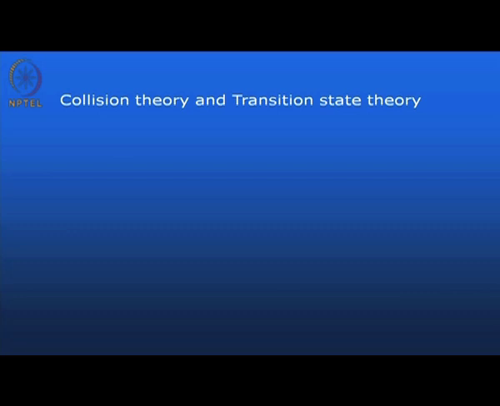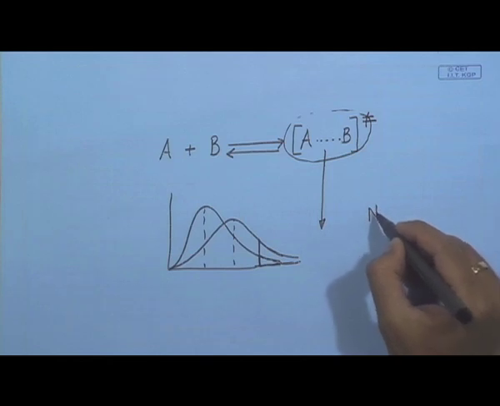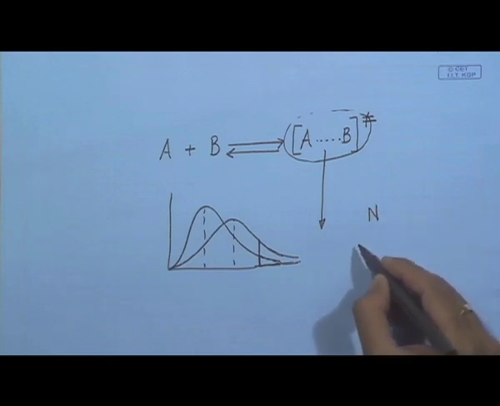Okay. Now, let us have some idea of the degrees of freedom. Now, the total number of degrees of freedom for a polyatomic molecule is 3n, that is, a polyatomic molecule means you have n number of atoms. So, how many degrees of freedom will this molecule have?